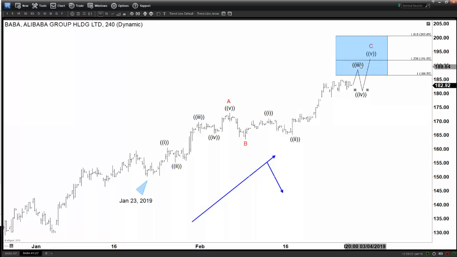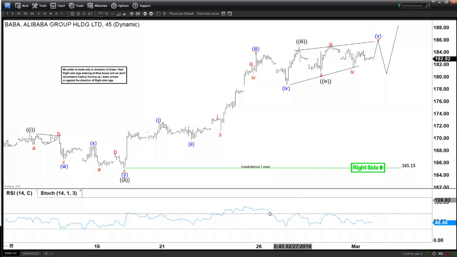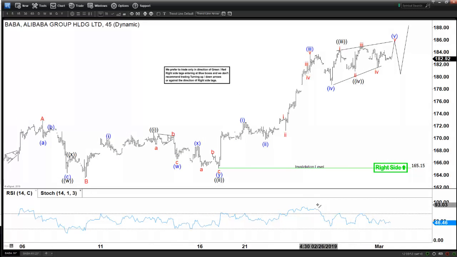But as an alternate, the wave 3 could have ended earlier, and we could be in the wave 5 already. Instead of two more highs like what we are showing, one high ending with 3 and another high ending with 5, we could already be in the wave 5. Right now, if you look at the RSI, this is the highest RSI right now.